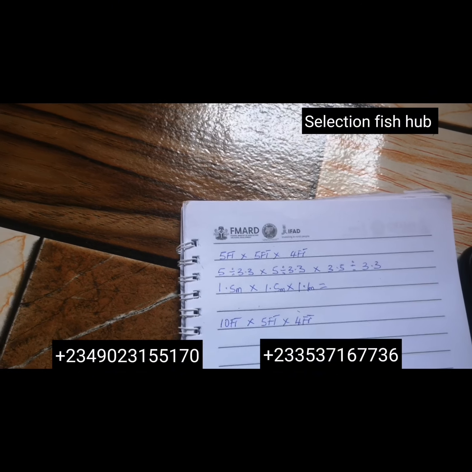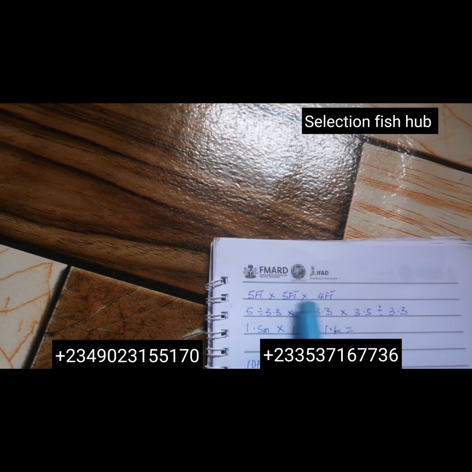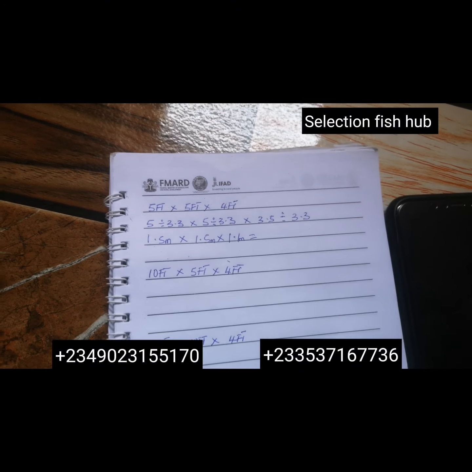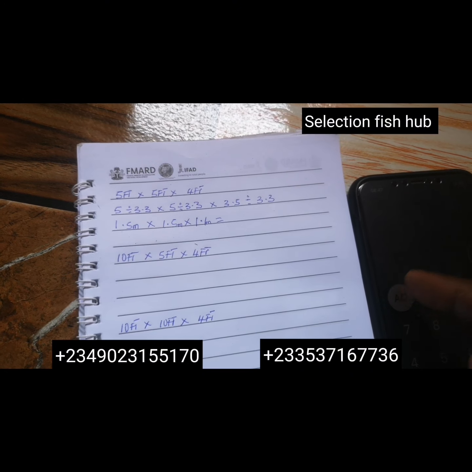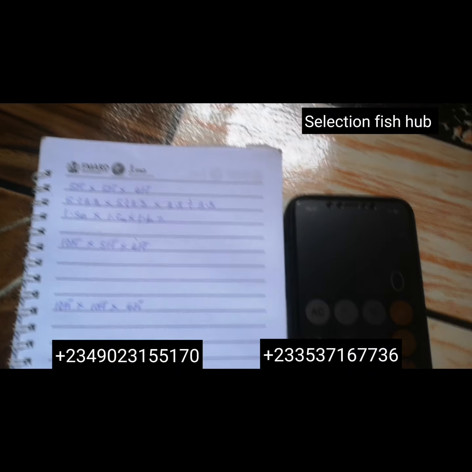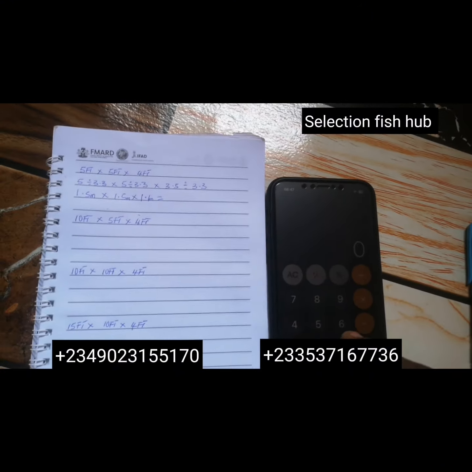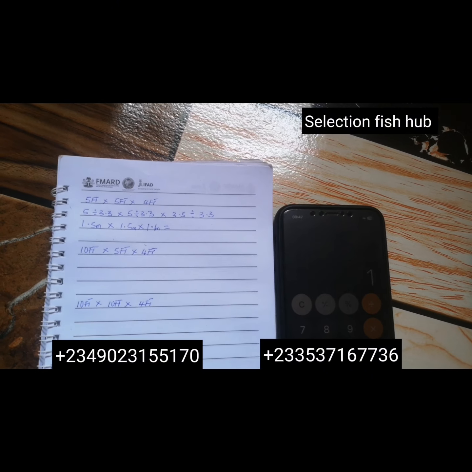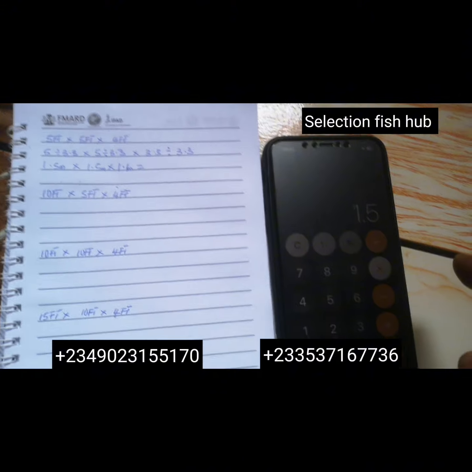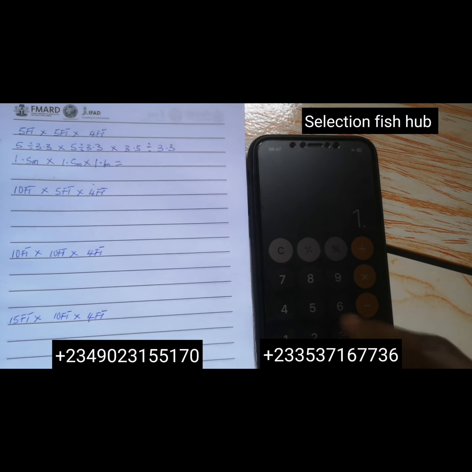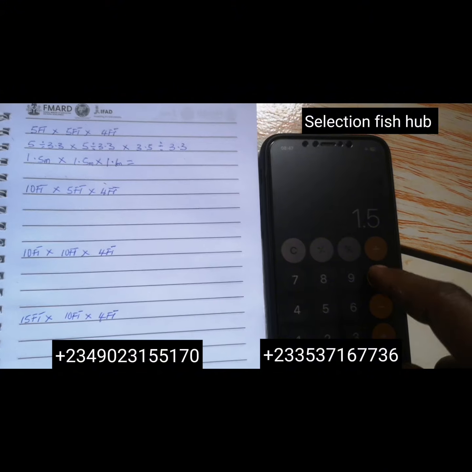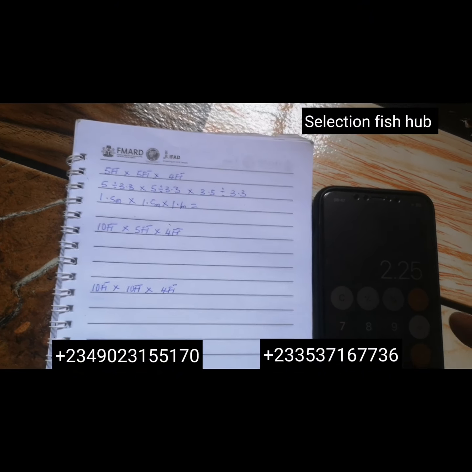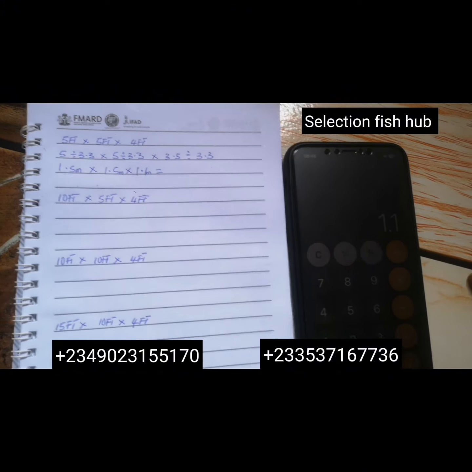So we want to get the cubic meter of this particular pond size. What we do is we multiply 1.5 by 1.5 by 1.1.